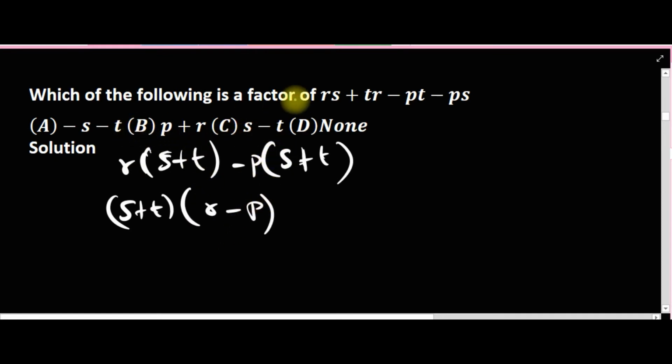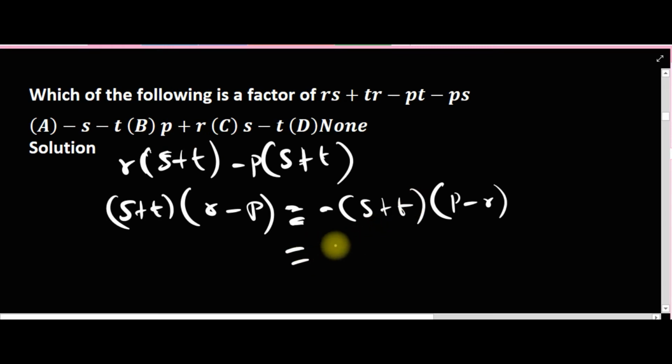And from the options, which of the four is a factor of that? Okay, there is no P plus R. We need to be careful before you choose none. I can bring this minus out, so we're left with minus S plus T. What is here is now P minus R. So again, is there P minus R?